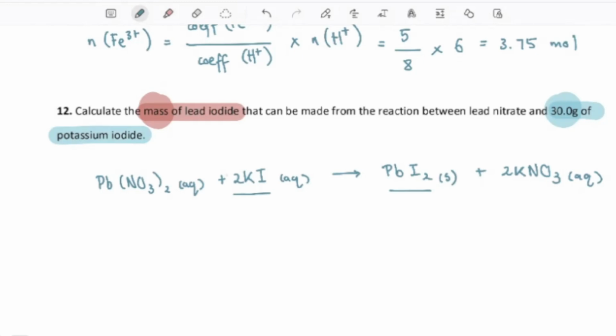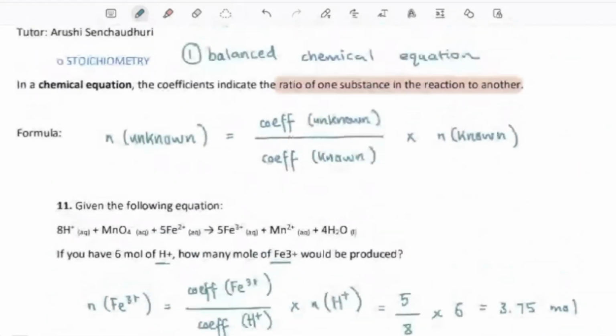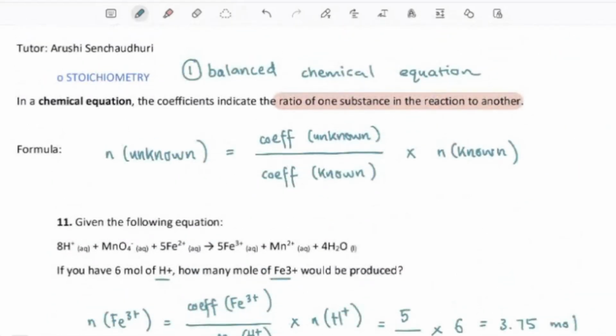Why is that? Because of the coefficients. So for every, say, 2 moles of potassium iodide consumed, you're producing 1 mole of lead iodide. Let's work in whole numbers. That's probably easier. Does that make sense? So that is where this formula comes from.